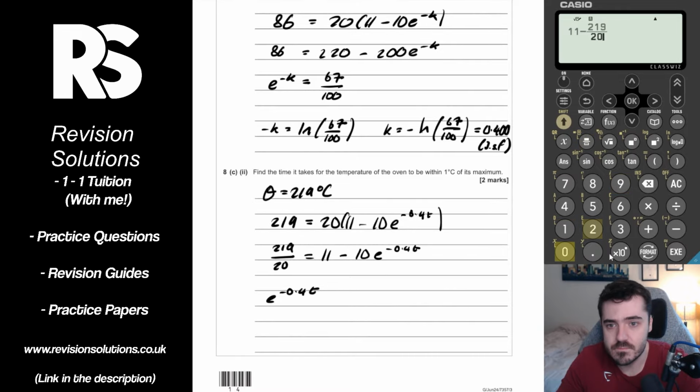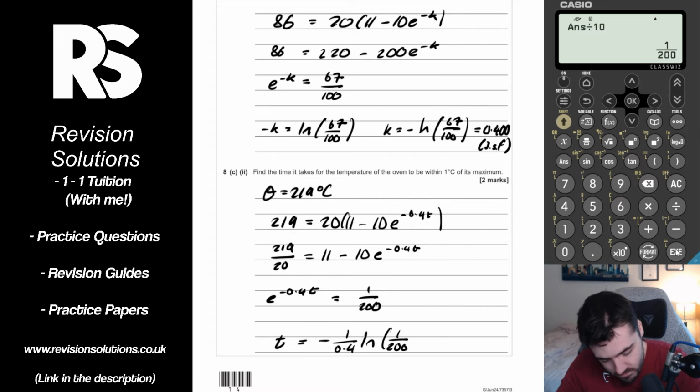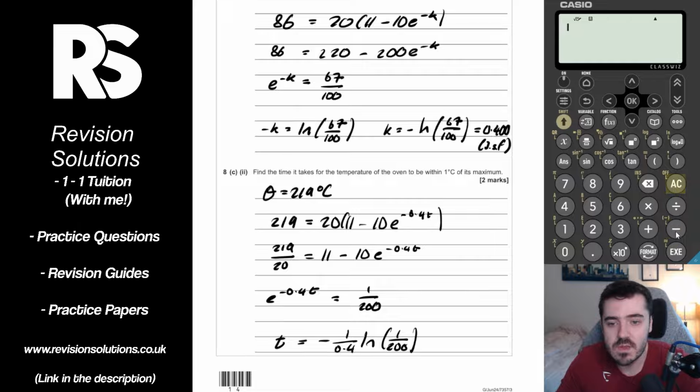Do that first, and then divide that by 10. That'd be 1 over 200. And then just quickly solving now. So t would be minus 1 over 0.4 natural log of 1 over 200.